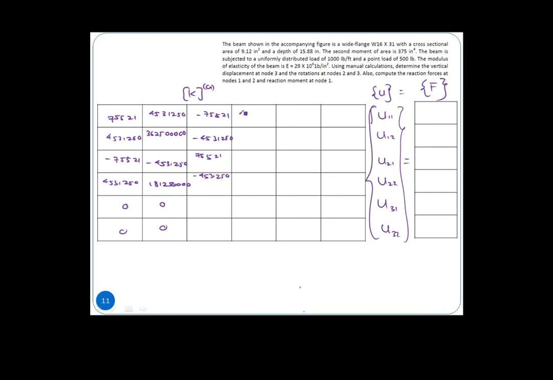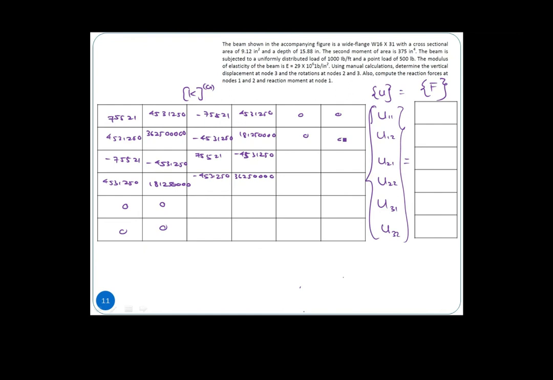Then I have 4531250, 18125. Then here again we have a sharing, negative 4531250, and also here is 3625, 0. All right, so here will be 0, 0, 0, 0.